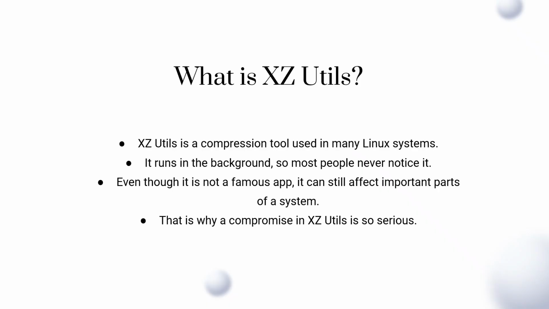It is one of the libraries used for compression and decompression. And that really matters because if a low level library is compromised, it can also affect other software that relies on it heavily. In this specific case, the impact went far beyond just that one package.